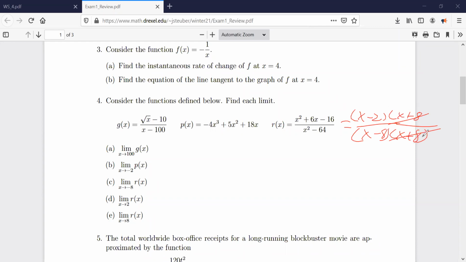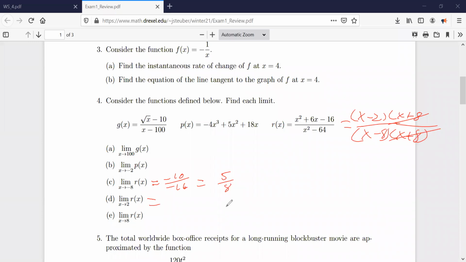It's going to be undefined at the point x equals -8, which is the one this is asking about. But this function right here is going to define the limit as x approaches -8. So I can just plug in -8 and I get -10 over -16, which is equal to 5 over 8, right? That makes sense to people?